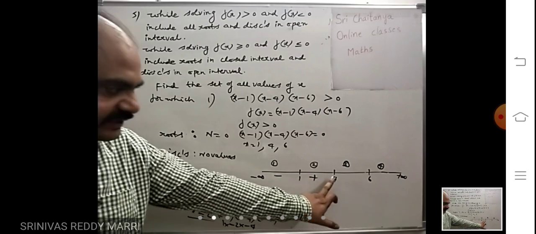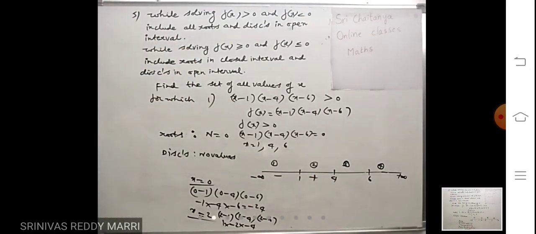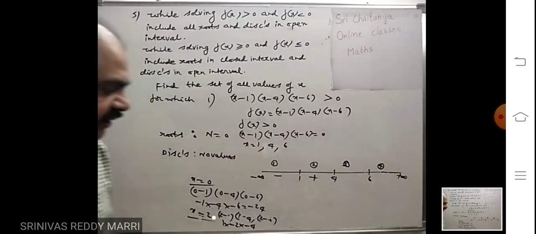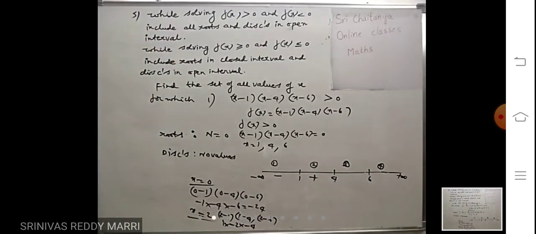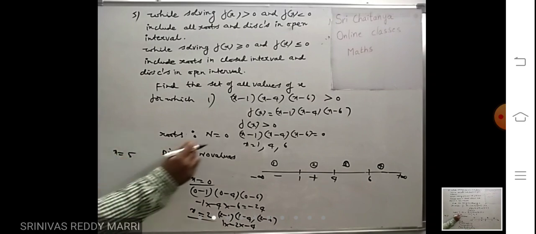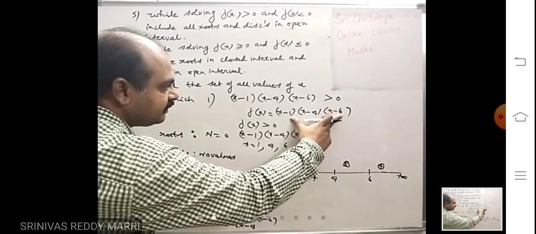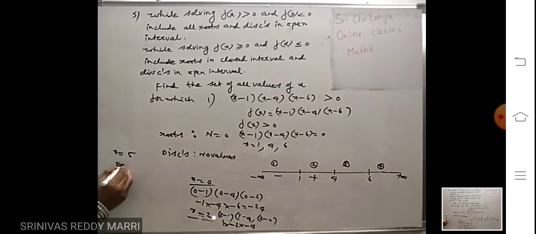Next, 4 to 6. Take one value, let us say x equal to 5. In f of x, 5 minus 1 is 4, 5 minus 4 is 1, 5 minus 6 is minus 1.